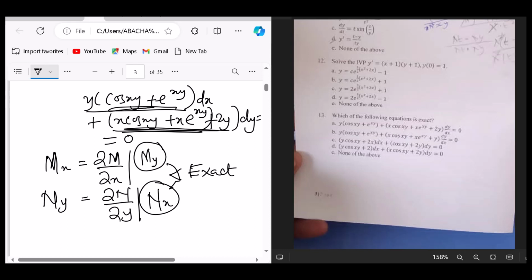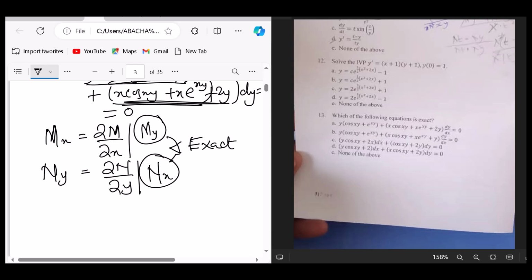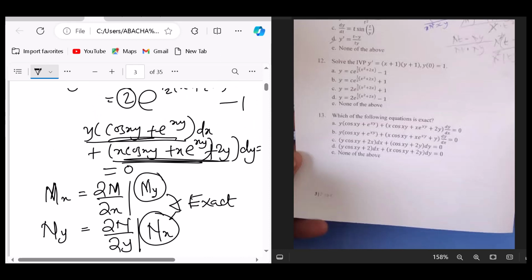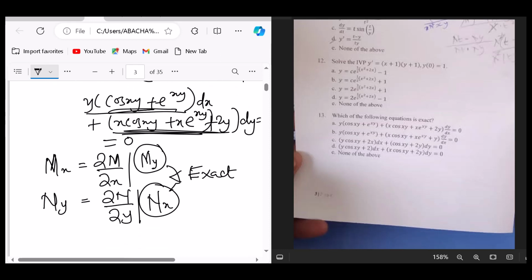If they are not the same, then it is not exact. So that is how it is going to be. I'm not going to do that one here because it's just about differentiating partial differentials. So you just have to try and do them.